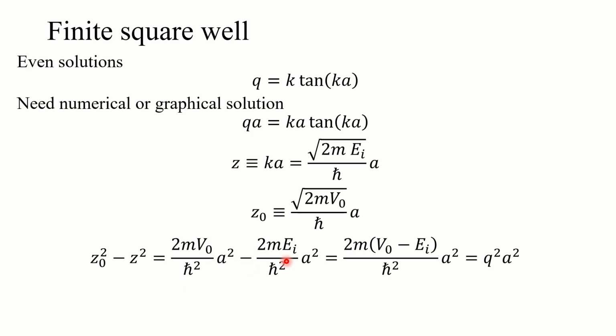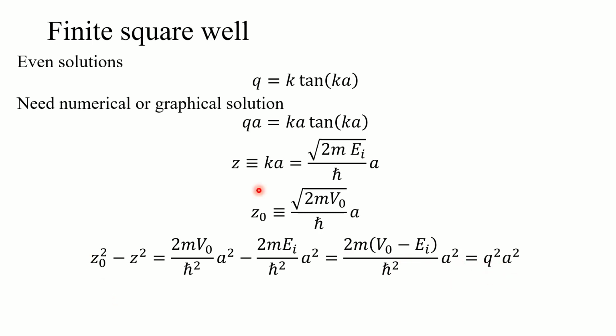Just plug in those values and we get that difference. If we do that, we can factor out this 2m over h bar squared and the a squared to get this term here. And that's how we defined our q, right? So this is, sorry, q squared. So this is equal to q squared a squared.